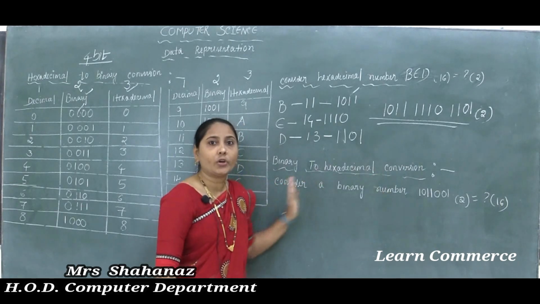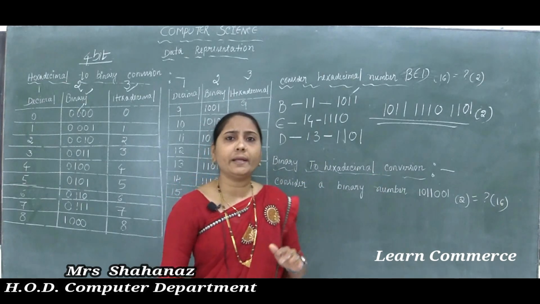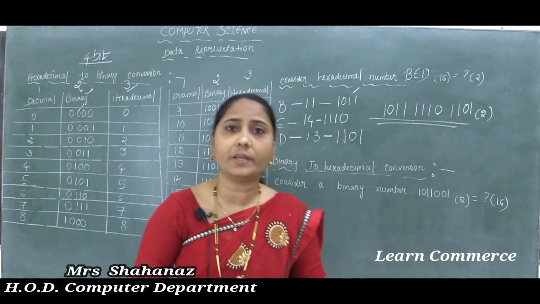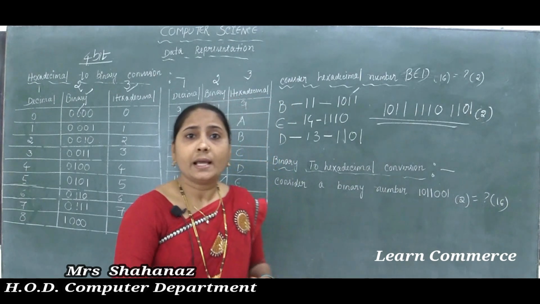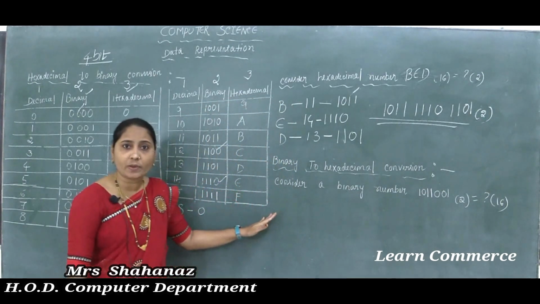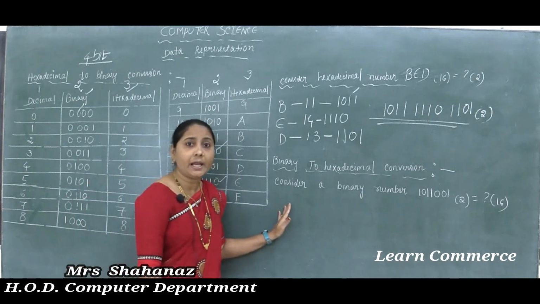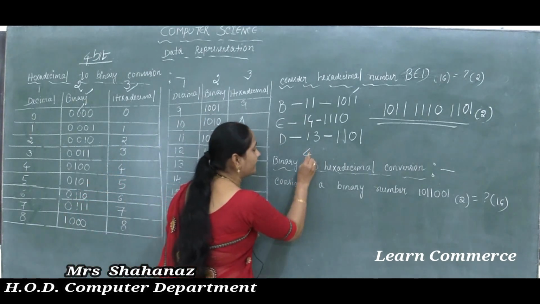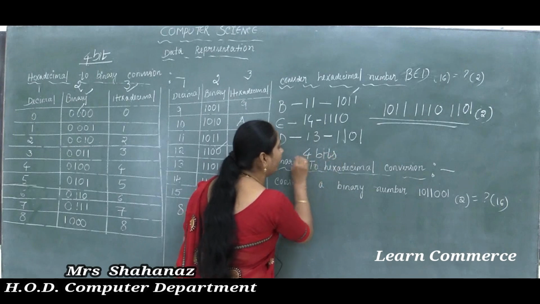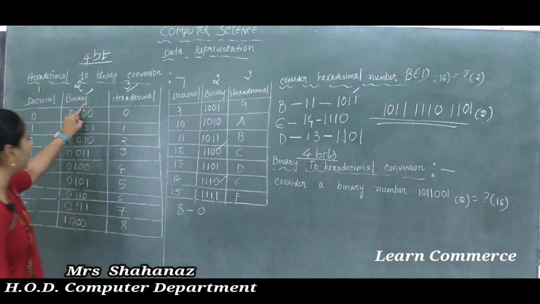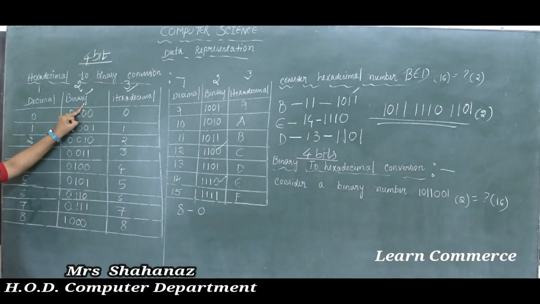Now in this question we are going to convert from binary to hexadecimal conversion. Clear this one? Okay, now in binary to hexadecimal conversion, the binary digit, we break the binary digit into groups of 4 bits. So how many bits are there in each group?